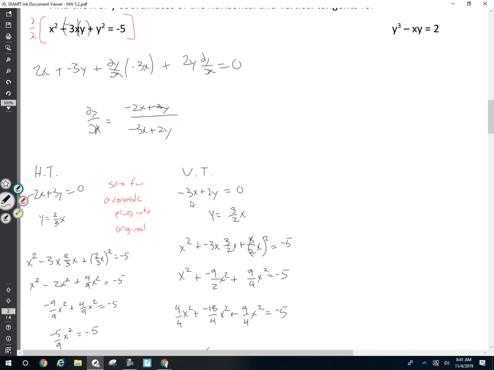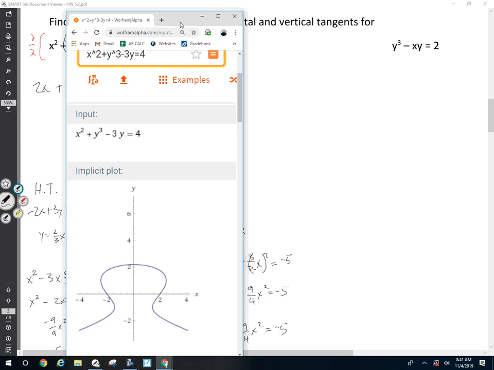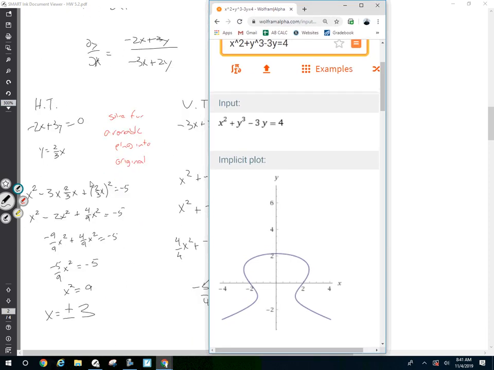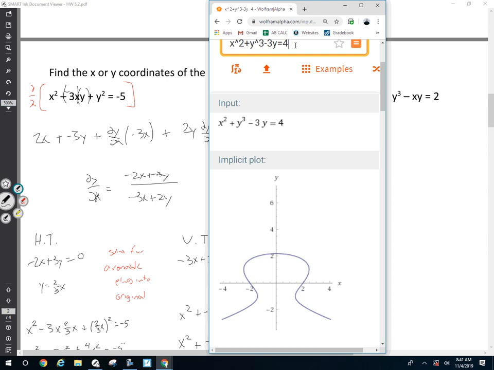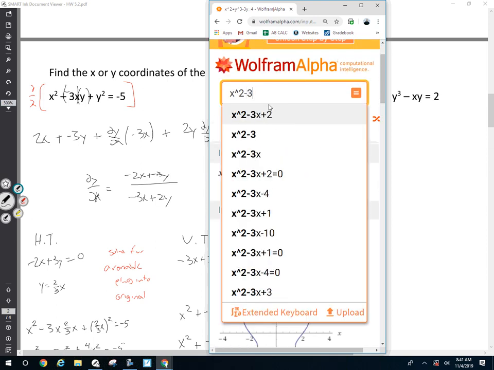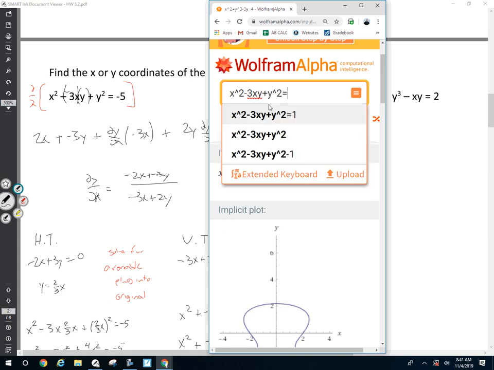All right, so for this curve, we have horizontal tangents at negative 3 and 3. We'll have vertical tangents at negative 2 and 2.